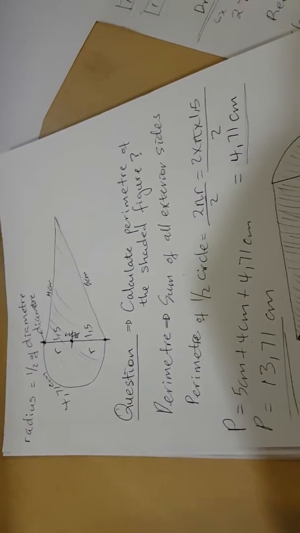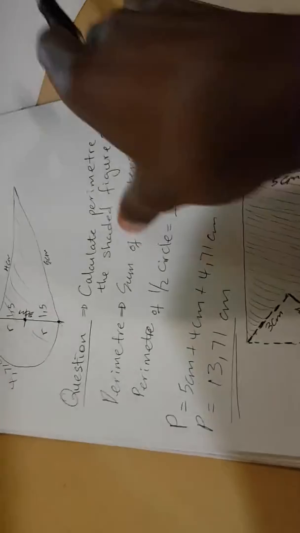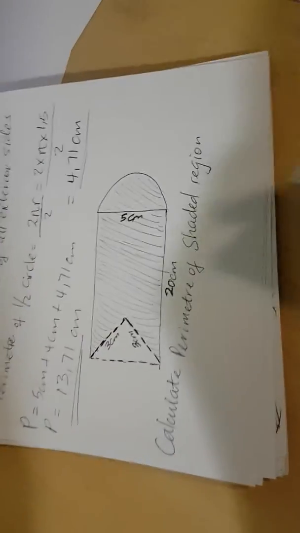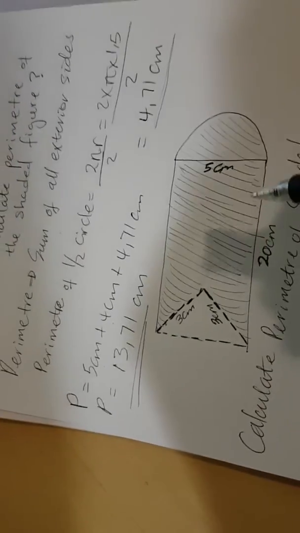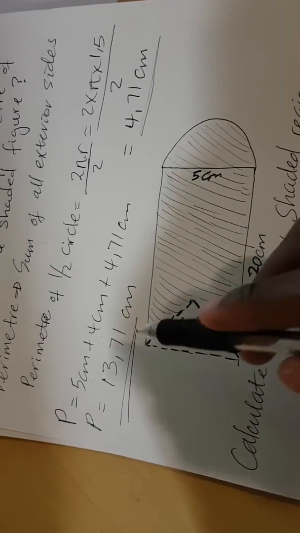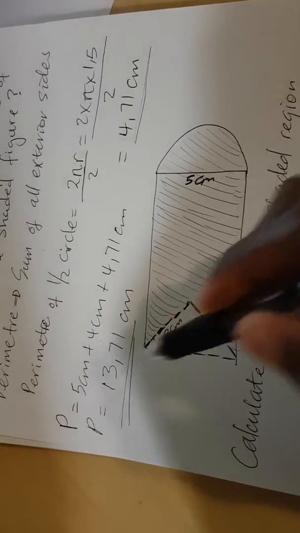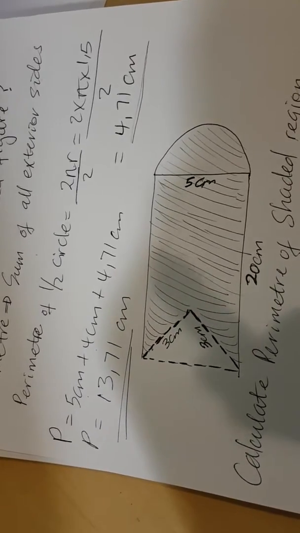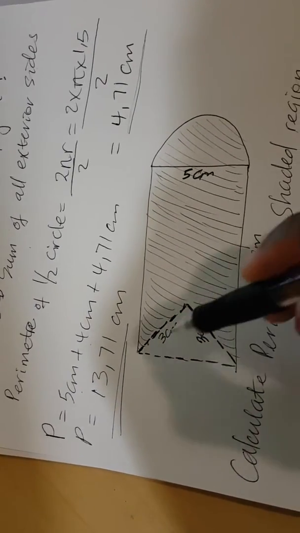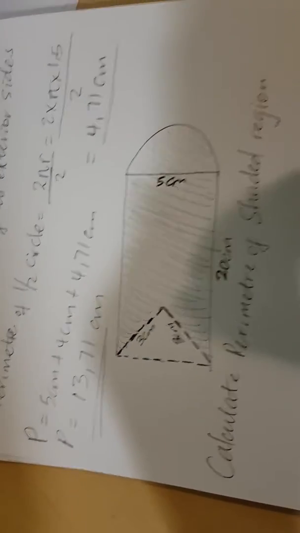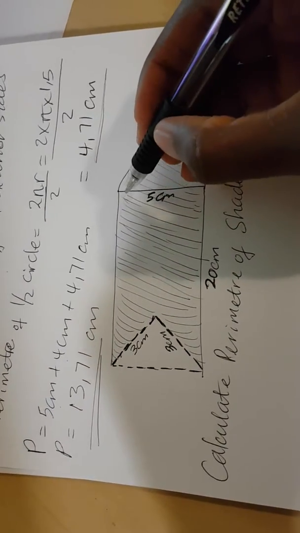Okay, let's move to the diagram below. We have a rectangle here and a triangle that is cutting inside the diagram, and this triangle seems to be unshaded, and here we have a half circle.